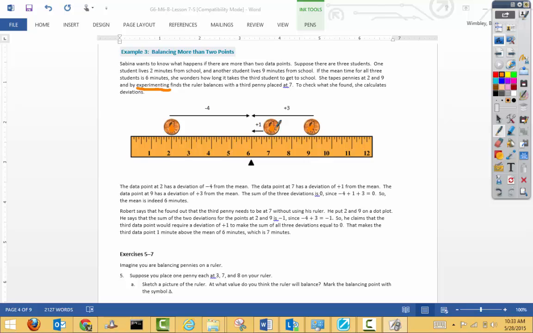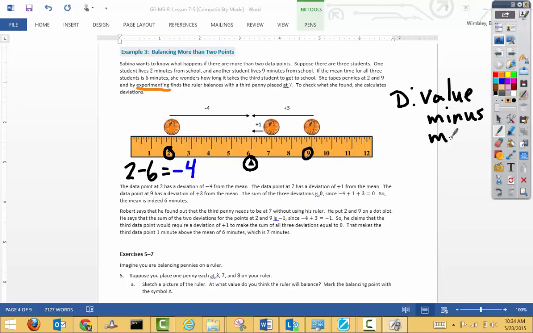To check what she found, she calculates deviations. So I'm going to check my deviations. My mean is 6. My first data point is 2. So I have 2 minus 6 equals, and just so we can keep track, I'm going to do all my deviations in blue. Here I have 9. So remember, deviation is your value minus your mean.